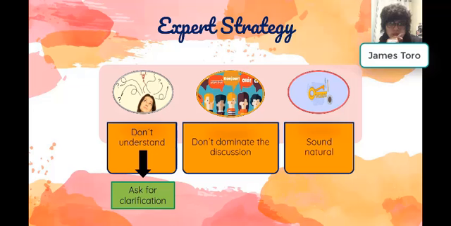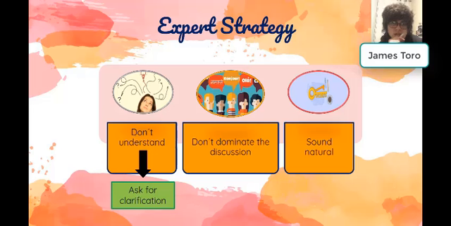The first piece of advice is that if you don't understand the question, you must ask the interlocutor to repeat it, but do it quickly so you don't lose time. The second one is to give your opinion and your reasons for these ideas. You have to agree or disagree with your partner's ideas as well.